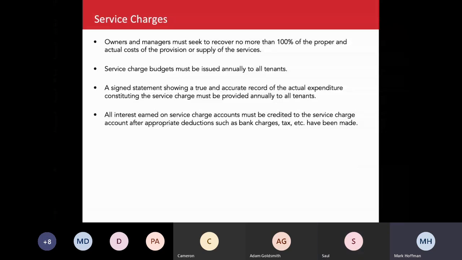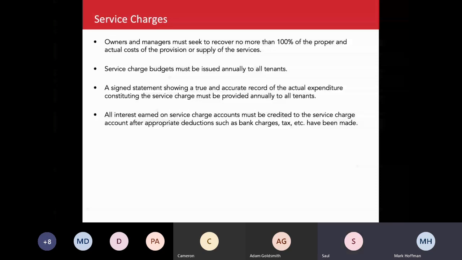Okay, here's another question. How are management fees now calculated? Are they a percentage of the service charge? Are they a percentage of the rent? How are management fees now calculated?